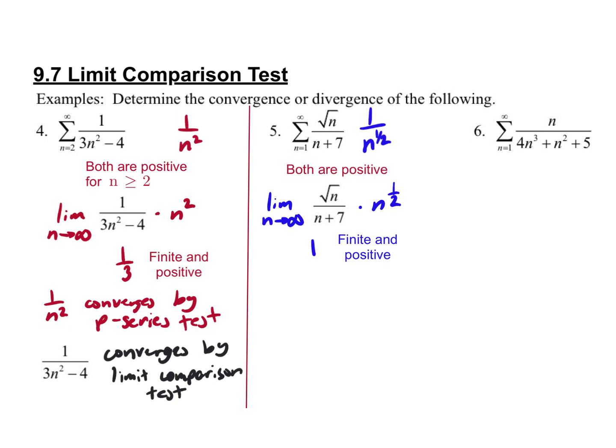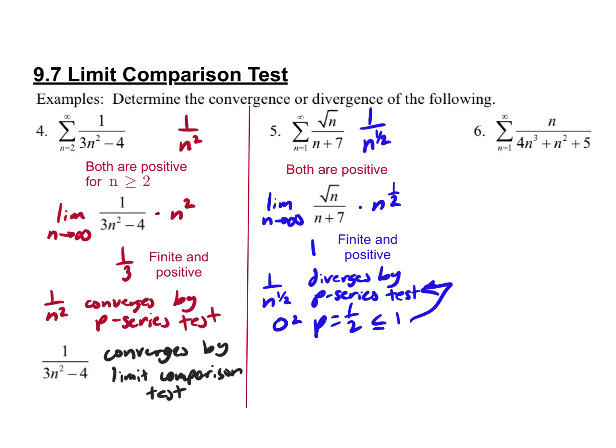So then this test is going to work. We know that 1 over n to the 1/2 diverges because of the p-series test, p equals 1/2, which is less than or equal to 1 and greater than 0. That's the reasoning. I didn't try to squeeze it in there because I'm eating up a lot of space already.